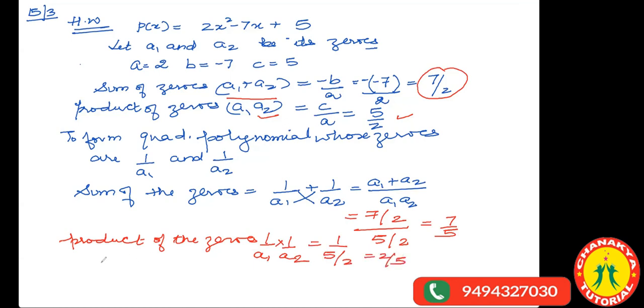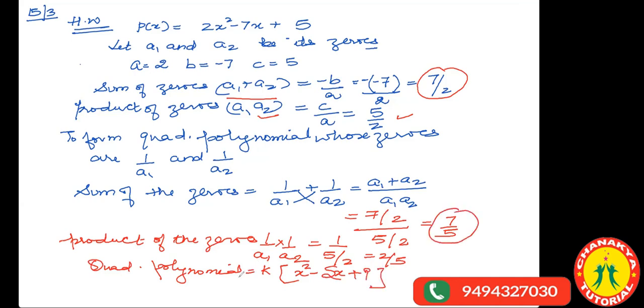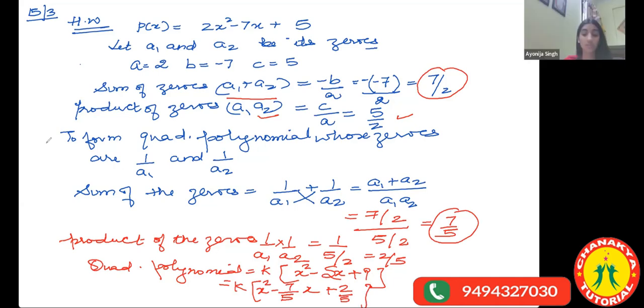Now you can form the quadratic polynomial, k times x square minus the sum of the zeros into x plus the product of the zeros. Now the sum of the zeros is 7 by 5, so x square minus 7 by 5 x plus the product of the zeros, 2 by 5. Clear this thing, children? Yes, ma'am.